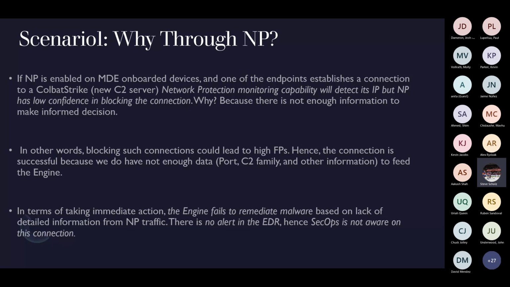Because we don't have that information, we don't want to start blocking because of all the false positives that can happen. So it leads to high false positives. In terms of making an immediate action, the engine is going to fail to remediate the malware based on the lack of detailed information from this particular traffic. There will be no alert in the EDR, hence SecOps will not be aware of the connection.